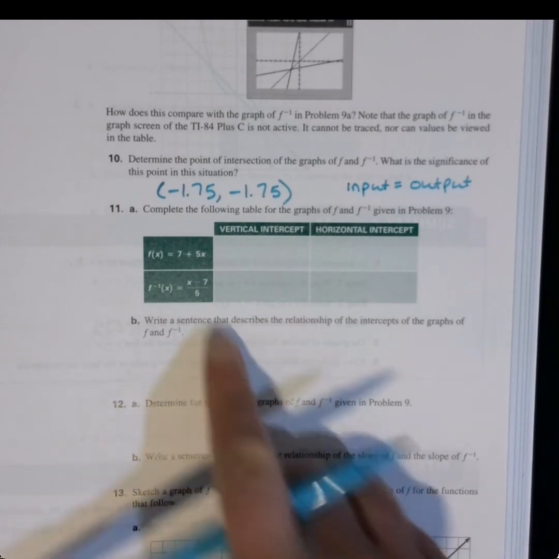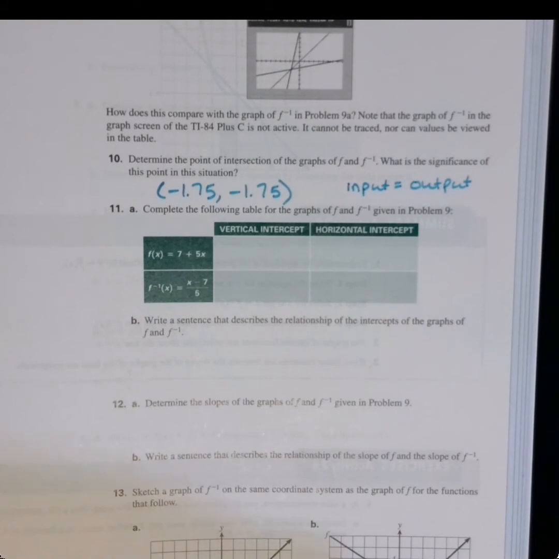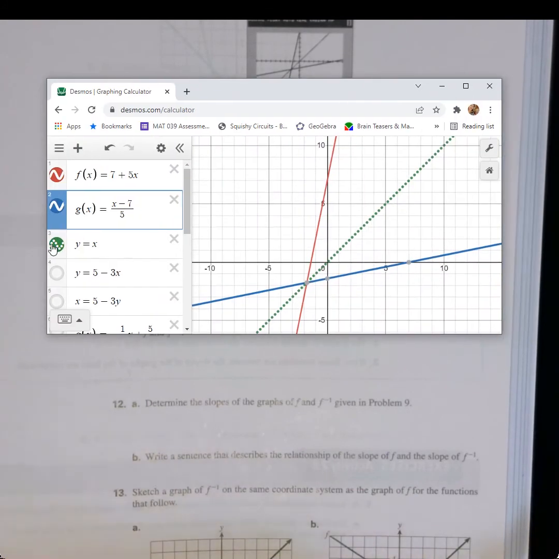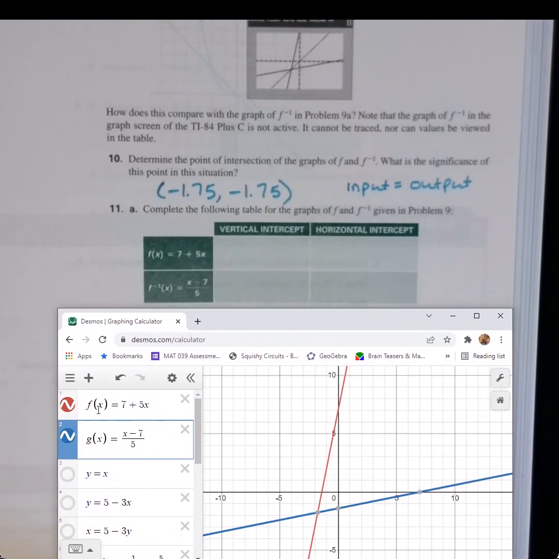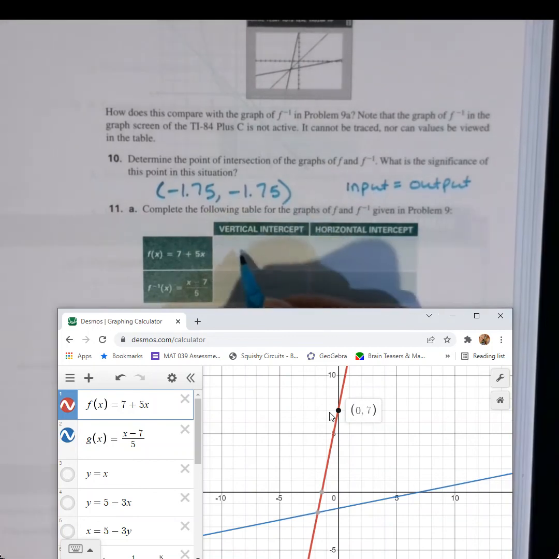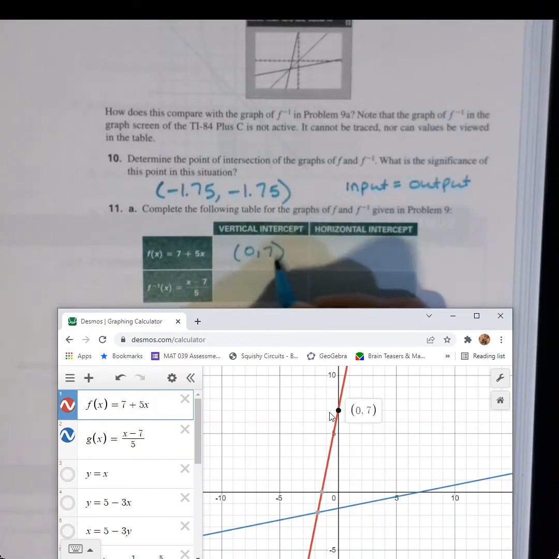Okay, and now we're going to find the horizontal and the vertical intercepts for these two graphs. I'm going to hide the y equals x just for a moment. Pull this down. So the first function, that is this one, I want to know its vertical intercept. Its vertical intercept is at 0, 7.